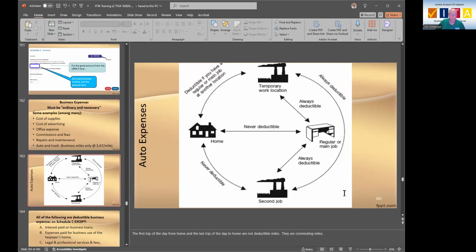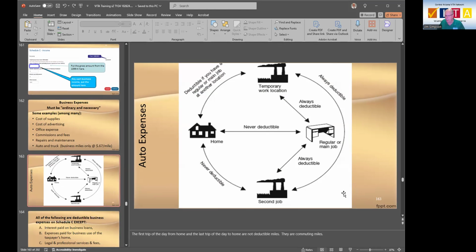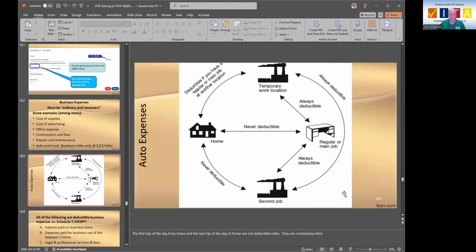And here's the general rule. This comes right out of your 4012. I forget what page it's under, but it's under expenses and business income. If you just look in the index under mileage, you'll find this. It's a good visual, and I'm going to summarize it for you. Driving from home to work is never deductible.